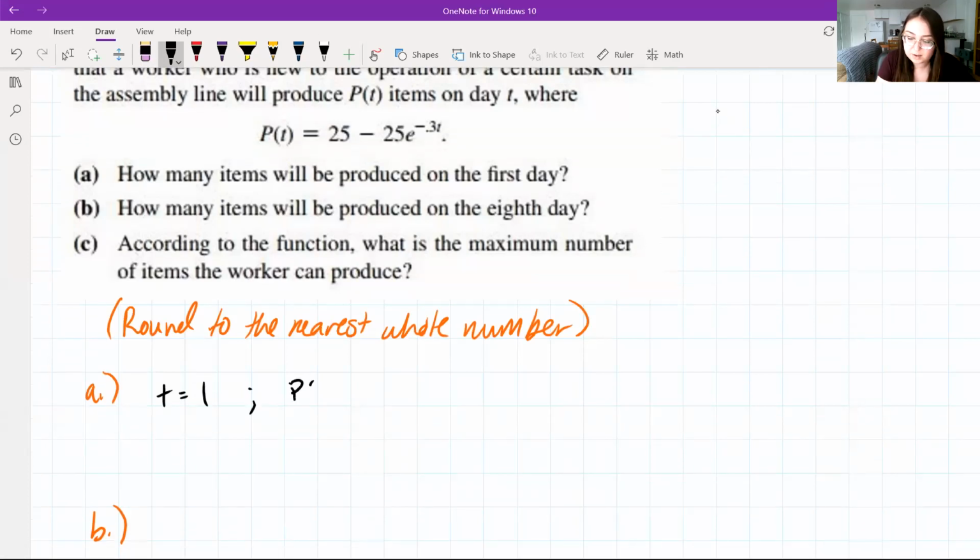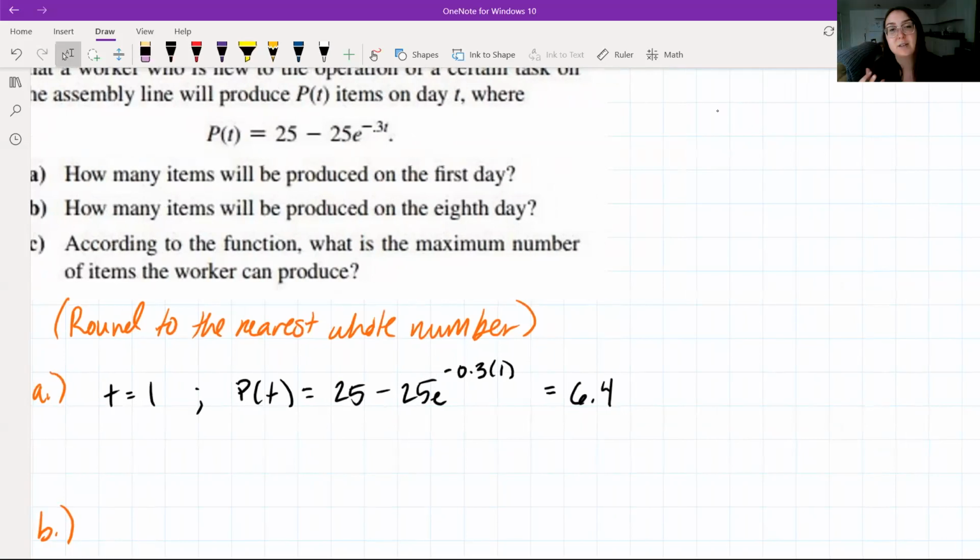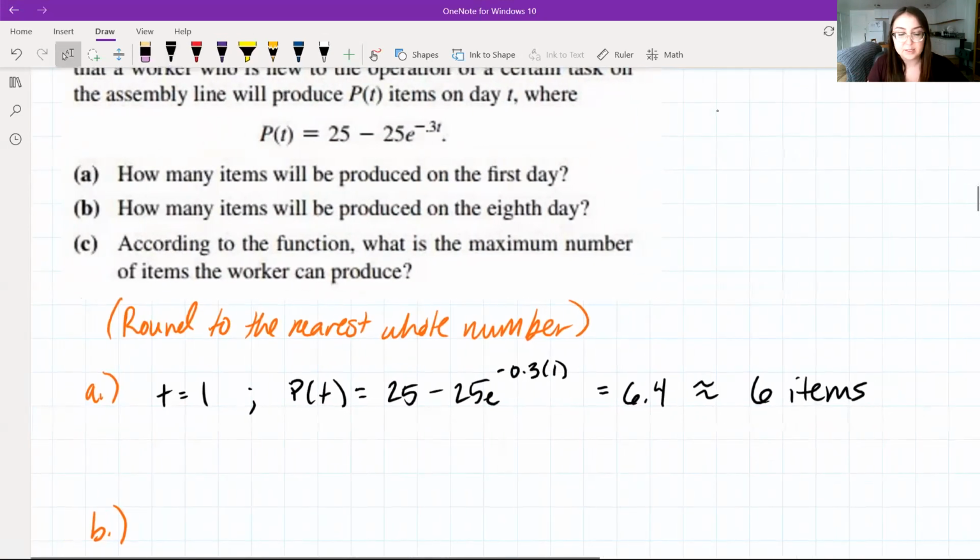Now we can write P of T is equal to 25 minus 25 times e to the negative 0.3 times 1. When we calculate this value, which I highly suggest you do on your own, we end up getting a number that is around 6.4, and since we're rounding to the nearest whole number, this is about 6 items.